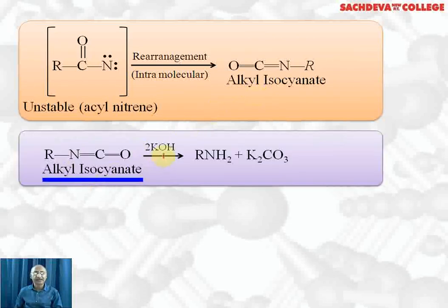Alkyl isocyanate on basic hydrolysis gives primary amine plus potassium carbonate. So this is the mechanism of the Hofmann bromamide reaction. This rearrangement or alkyl shift is intramolecular, that is, it takes place within the molecule, and results in the formation of alkyl isocyanate. Alkyl isocyanate on basic hydrolysis gives primary amine and K2CO3.